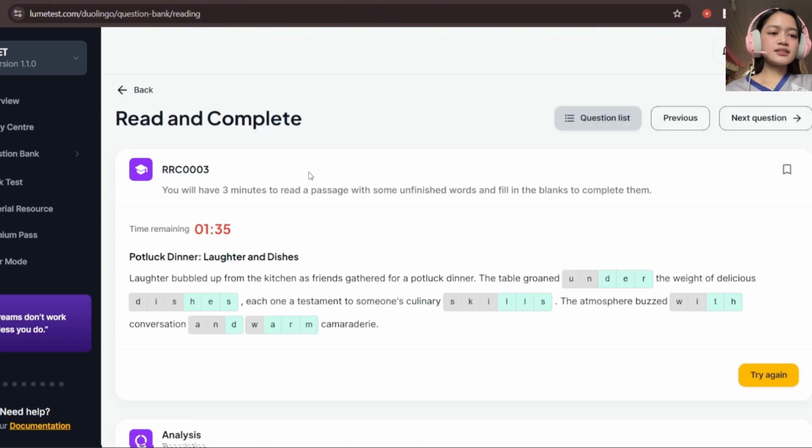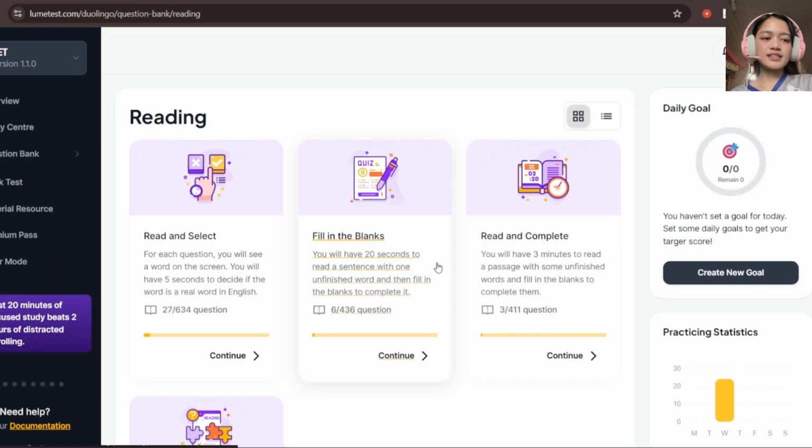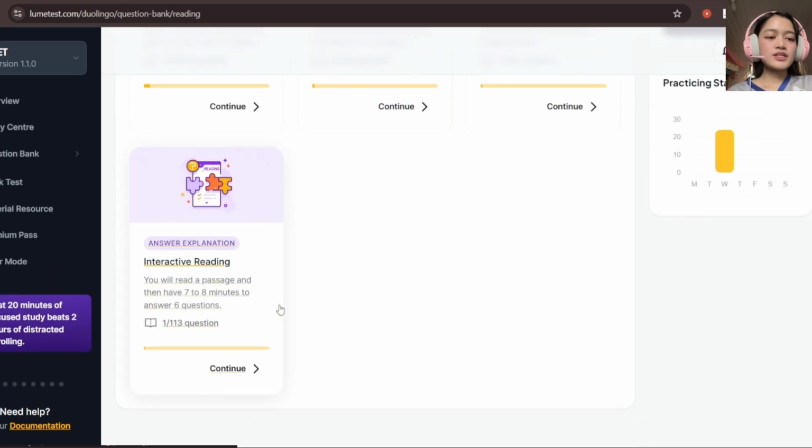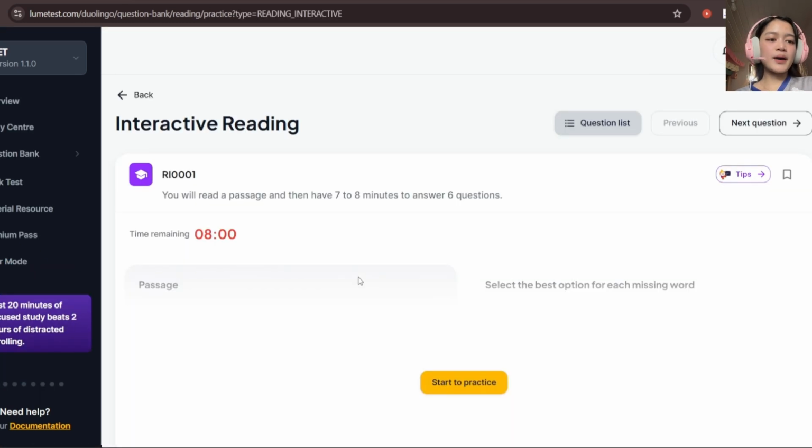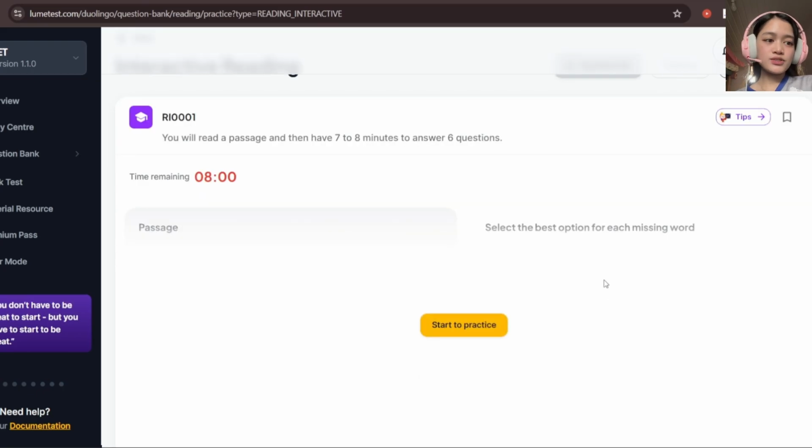And the final reading task is interactive reading. In this section, you will read a passage and then answer a series of questions related to it. You will have 8 minutes to complete 6 questions.